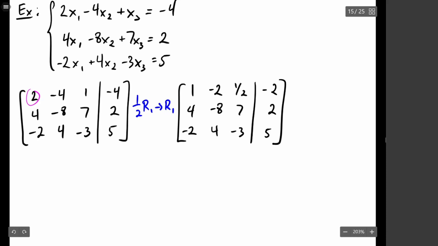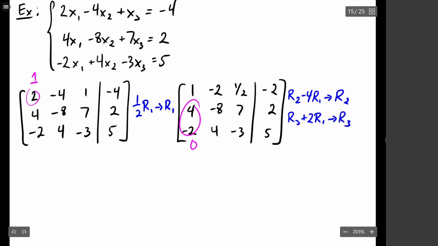And again, once we have our leading 1, we use it to zero out these things. This needs to be 1. These need to be 0. So we do row 2 minus 4 row 1, and row 3 plus 2 row 1.